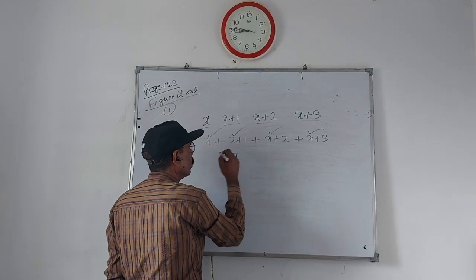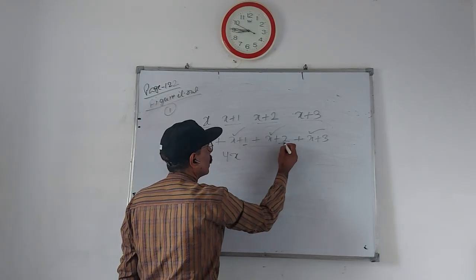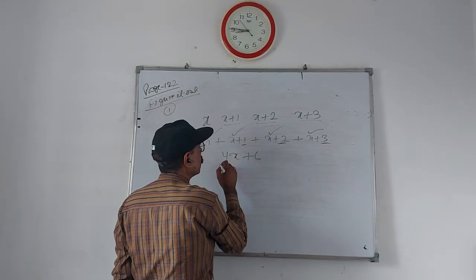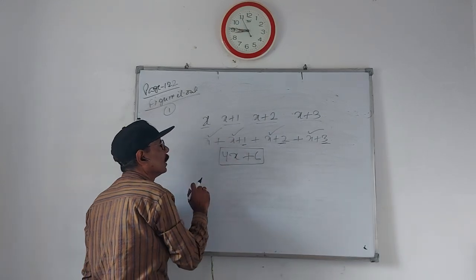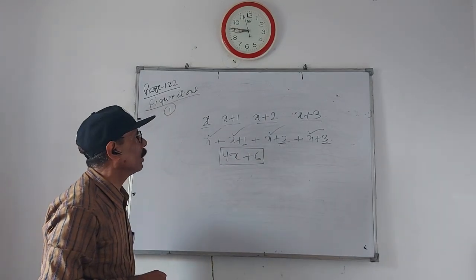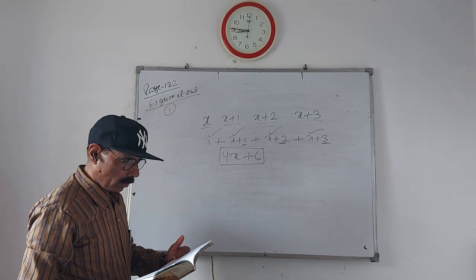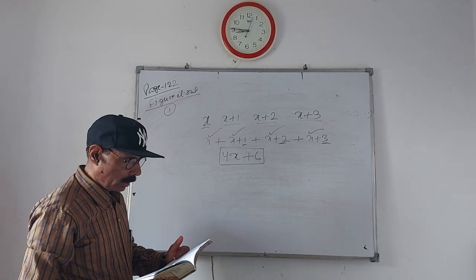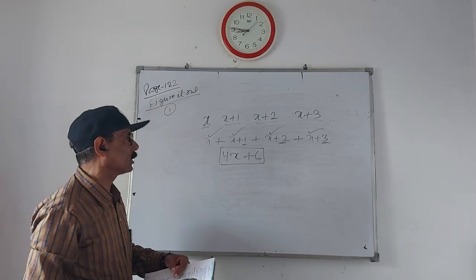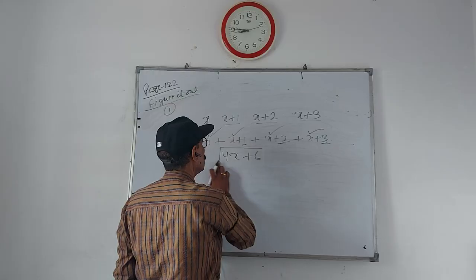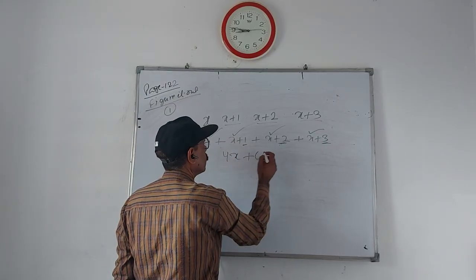Then 1 plus 2 is 3, and 3 is 6. Okay. Sum of the 4 consecutive numbers is 34. So that means this is equal to 34 as per the statement.